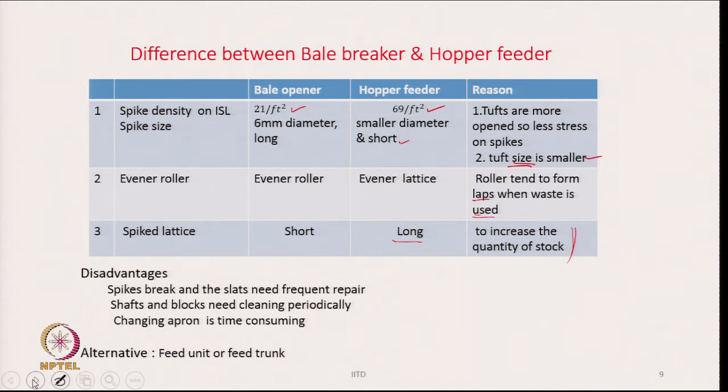The lattice apron is basically a type of conveyor which carries the material forward, so if it breaks, changing it is a very time consuming operation. So, these are some disadvantages of these machines.